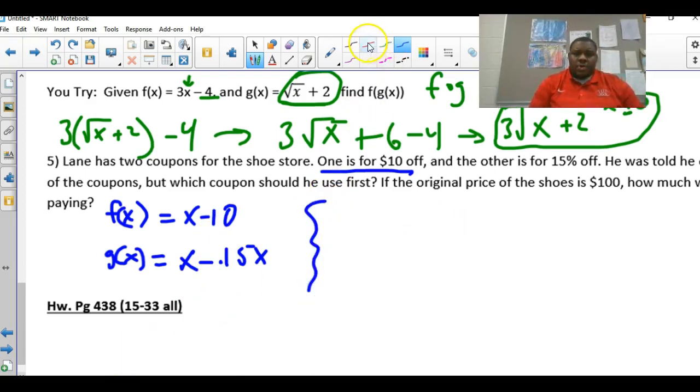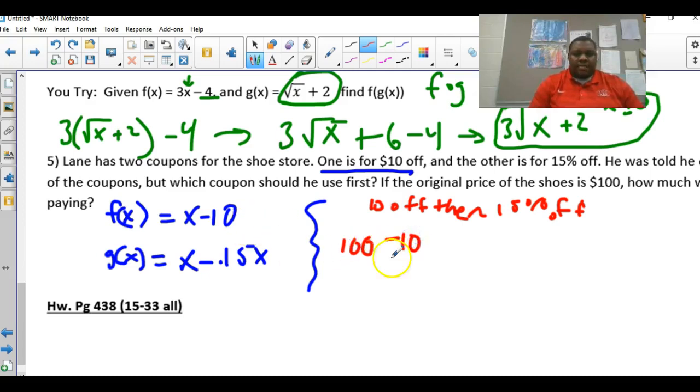So the first scenario we're going to look at is if we use the $10 off first, then 15% off. If the shoes are $100, you would first do 100 minus 10 to get $90, right? Then you would use the 15% off, which is now on $90.